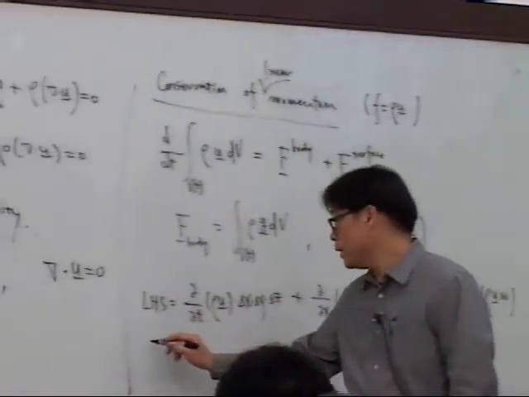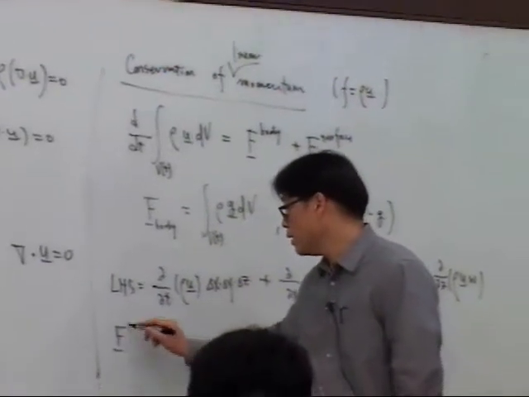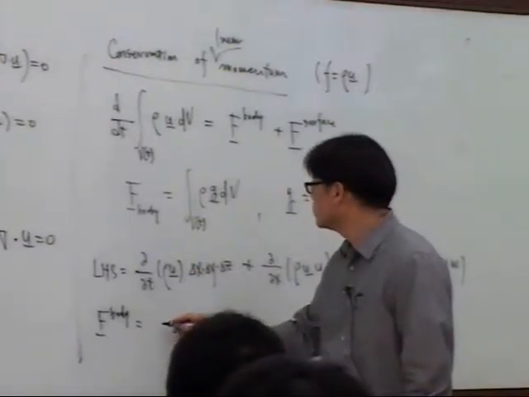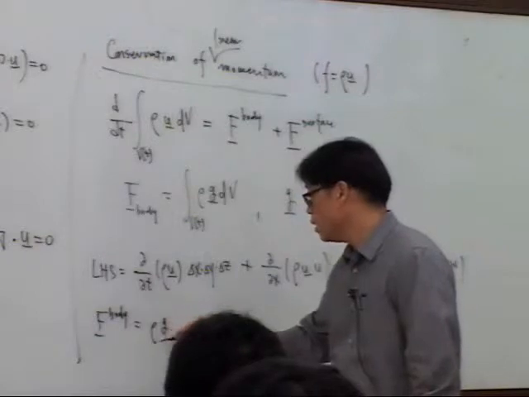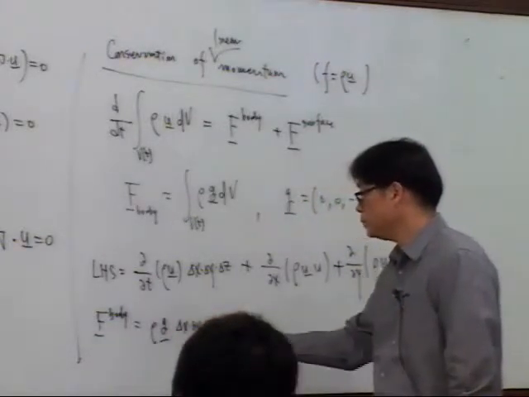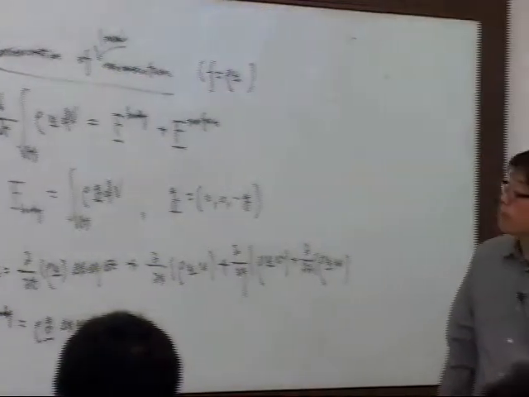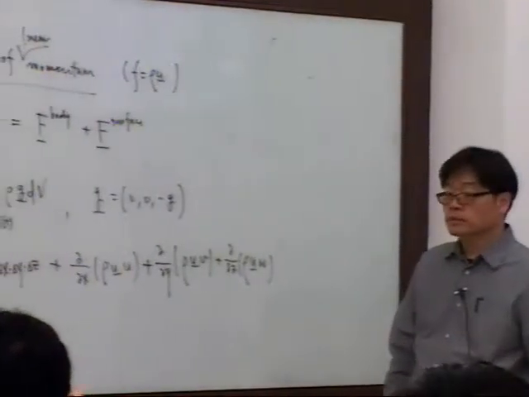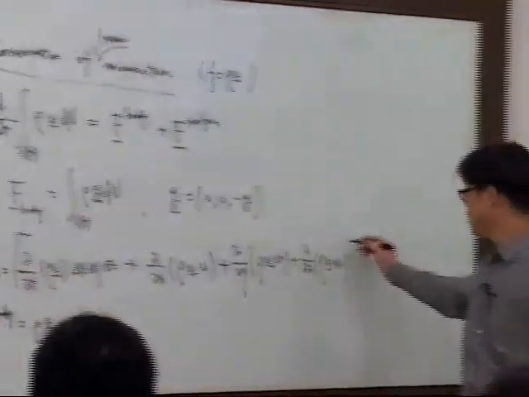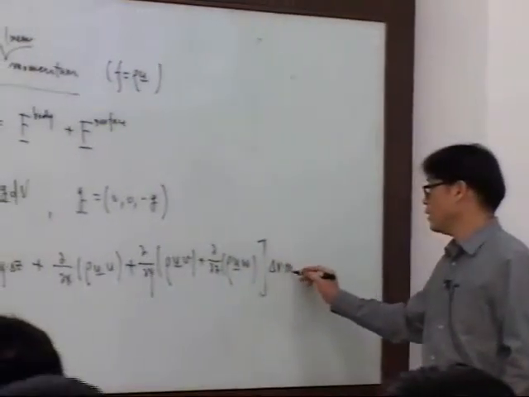And therefore F body, also on the right-hand side, is rho g delta x, delta y, delta z. Yeah, that's right. And then I did delta x, delta y, delta z.